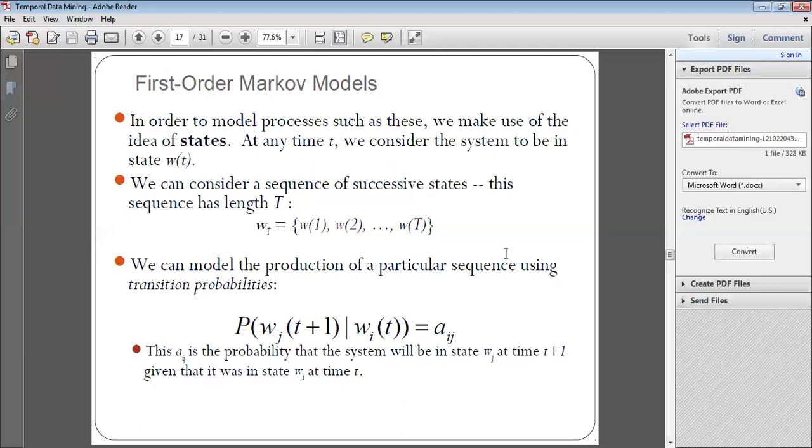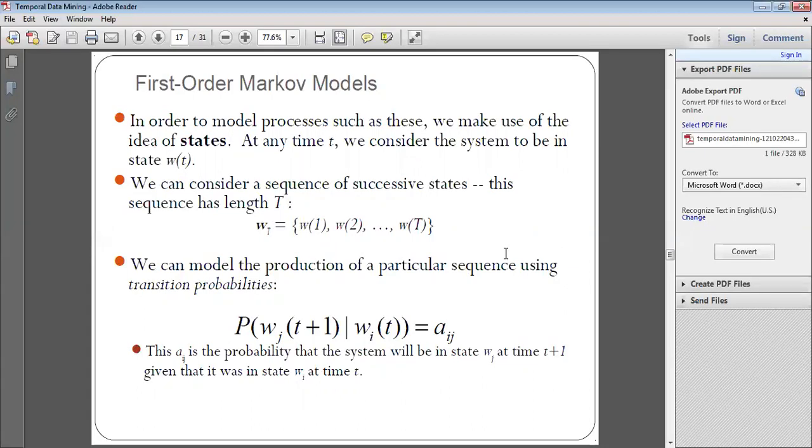up to Wt. Every two successive states are related via a link which shows the probability between these two events. This probability is represented by the transition probability. The formula syntax is as follows: P(Wj(t+1) | Wi(t)) = Aij.